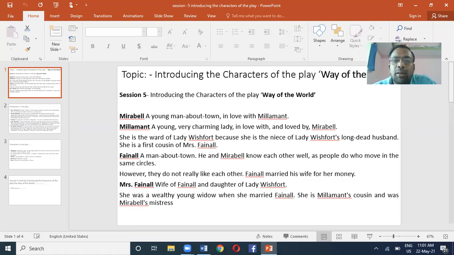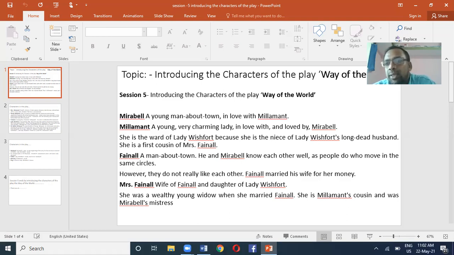However, they do not really like each other. Though they are living together, planning together, sharing everything together, in reality they do not like each other. Fainall married his wife for money. Fainall is a greedy man, and he married Mrs. Fainall, the daughter of Lady Wishford.